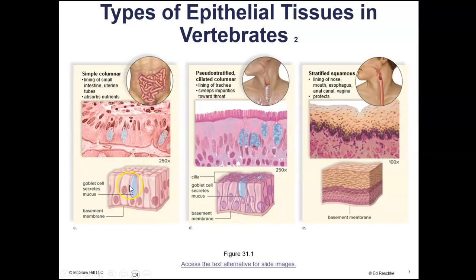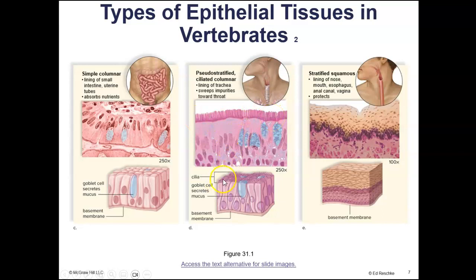We find this lining the intestine, and its function is for absorption of nutrients across the lining of the intestine into the blood. And then we have pseudostratified columnar, called pseudostratified ciliated columnar because the surface is composed of cilia.